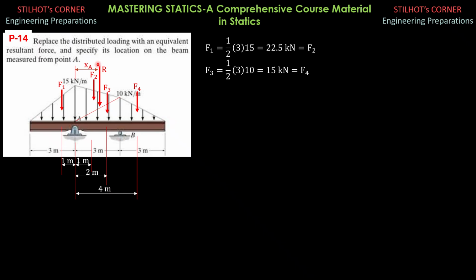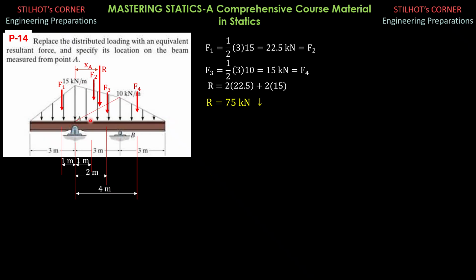Therefore, we can solve now for R, and it is equal to 2 times 22.5 plus 2 times 15, and the direction is obviously downward. So it is equal to 75 kilonewtons. Applying Varignon's theorem, the moment of the resultant is equal to the sum of the moments of its components.